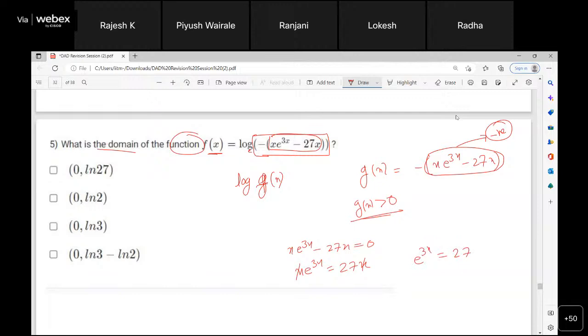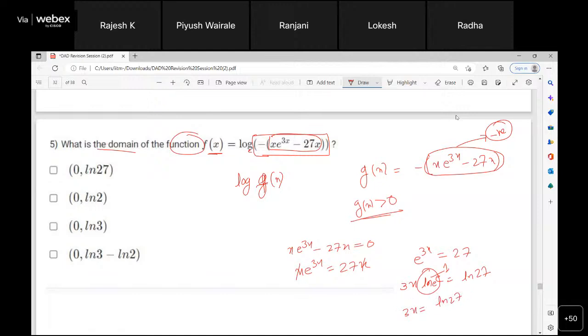So how to solve for x? Apply log, ln, on both sides. So if you apply log on both sides, you get 3x ln of e, natural log, equals ln of 27. Log of e to the base e is 1, right? So 3x equals ln of 27.